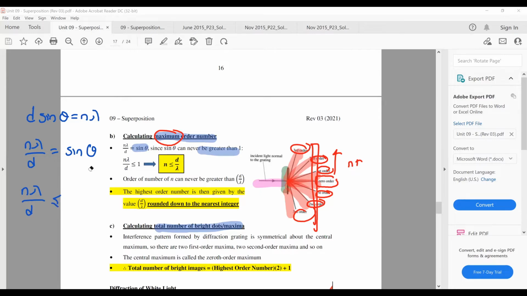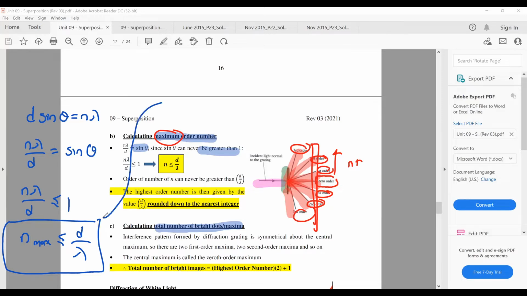Because sine theta cannot be more than 1, the equation becomes n lambda over d less than or equal to 1. So n max is actually going to be d divided by lambda. Your maximum order number can be found from this equation: the ratio of your slit separation divided by your wavelength.